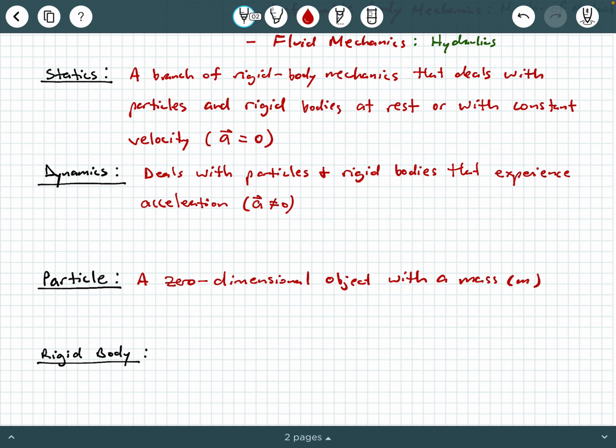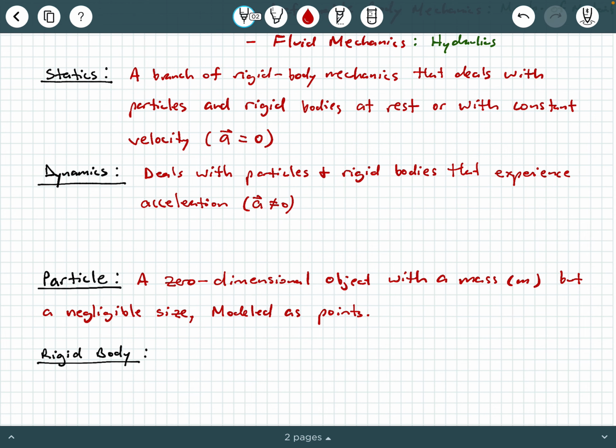It's going to have some mass, which we'll call m, but a negligible size. Particles are modeled as points, modeled as single points. That's what we know as a particle.